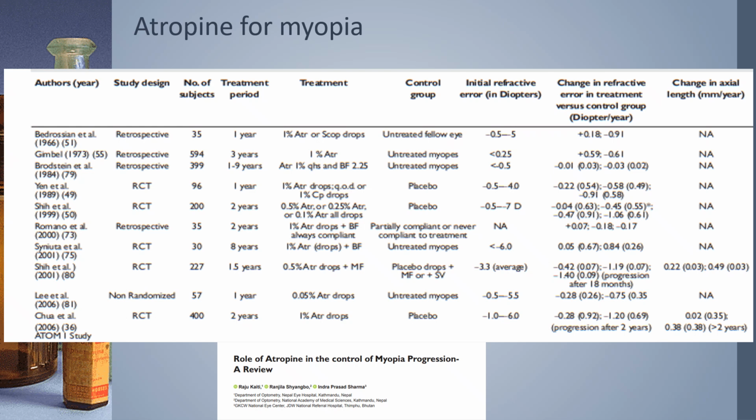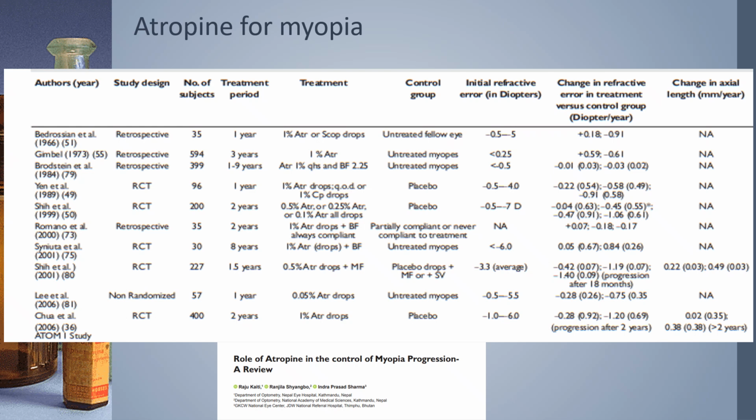Sometimes when we discuss atropine, we feel that it is a pretty new phenomenon. But way back in 66, followed by Gimbel et al. in 73, 84, 89, and as recent as 2000, 2001, there have been retrospective data on atropine 1% or scopolamine eye drops, and Shi et al. did some work on reduced concentrations.